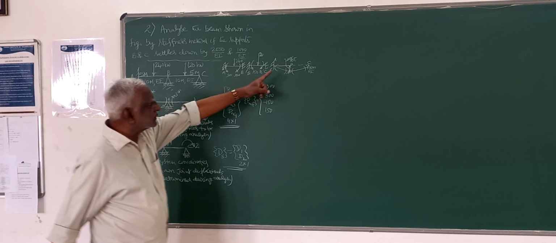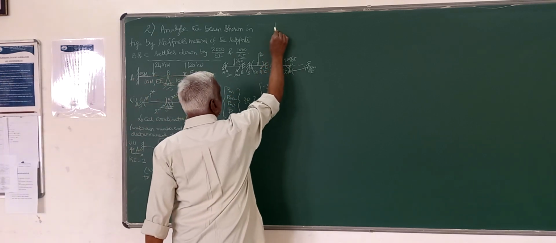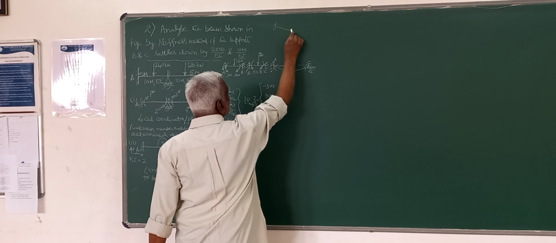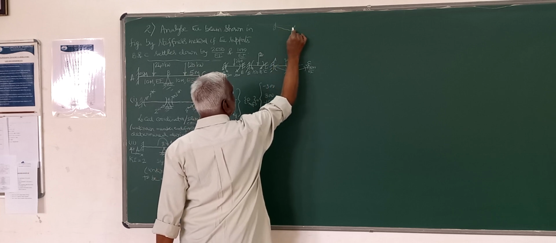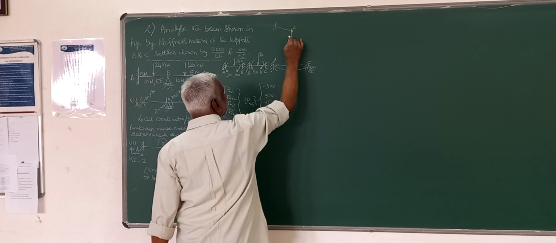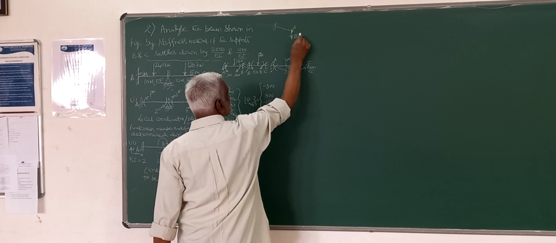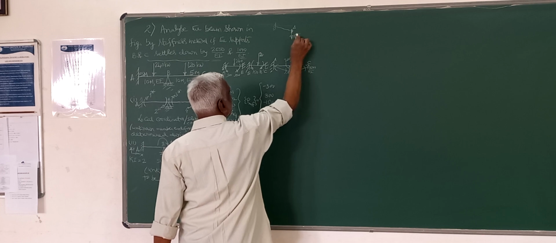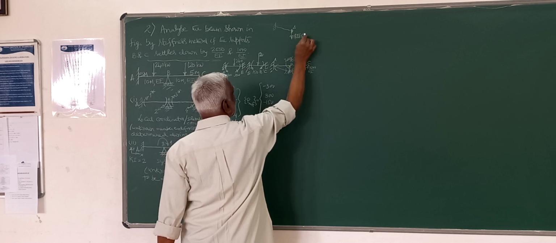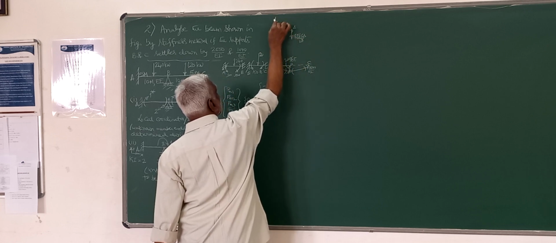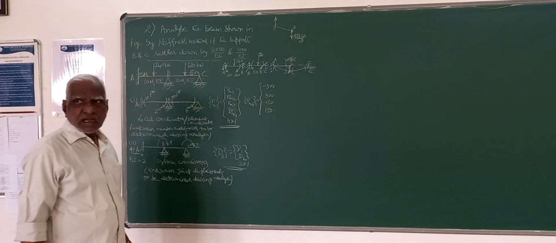You know already from the undergraduate class, if there is a settlement of delta, then there must be a force here to cause that settlement, and that force will be 12 EI delta by L cube. To keep it in equilibrium, there must be an equal and opposite force.